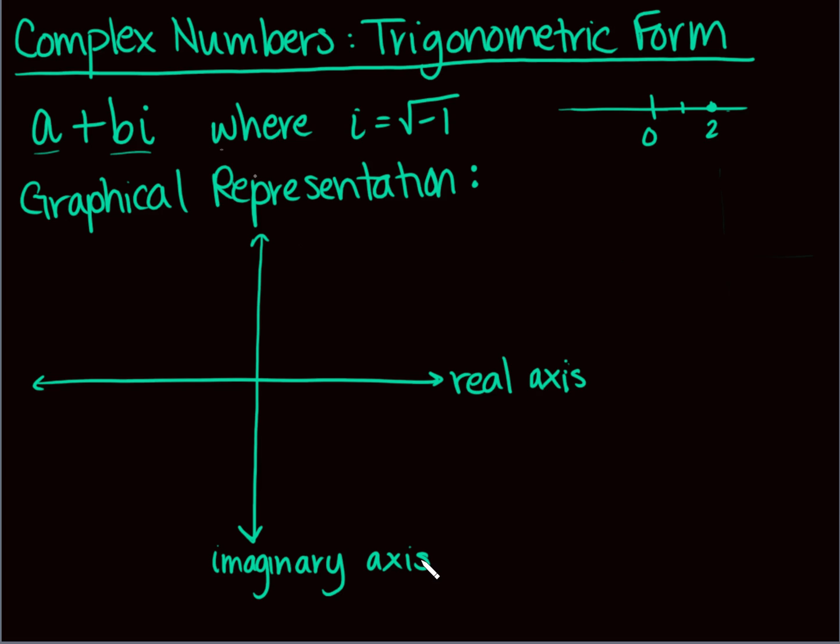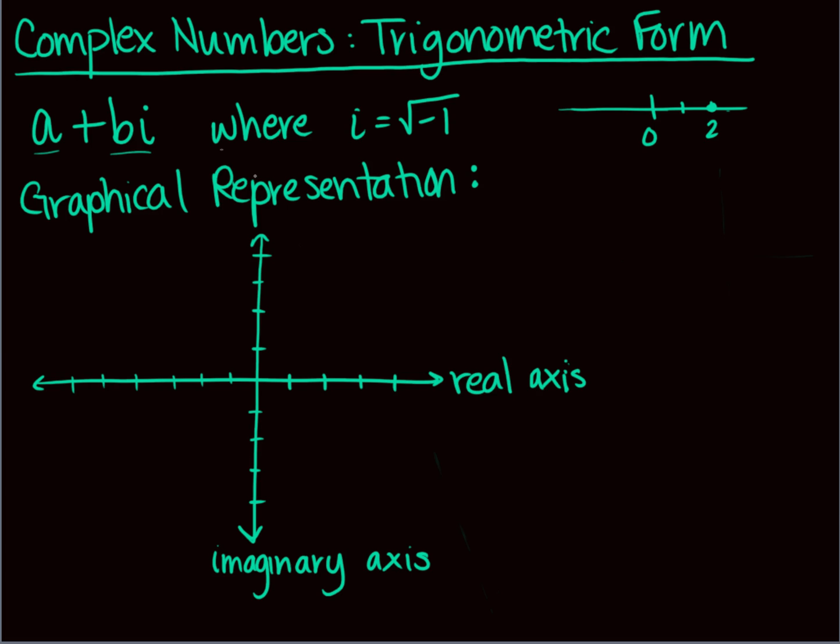Basically what this graphical representation does for us is it gives us a way to look at the magnitude of the real part of my complex number and the imaginary part of my complex number. So for example, I'm just going to graph a couple of these and then call it good because there's not a whole lot to explain here.